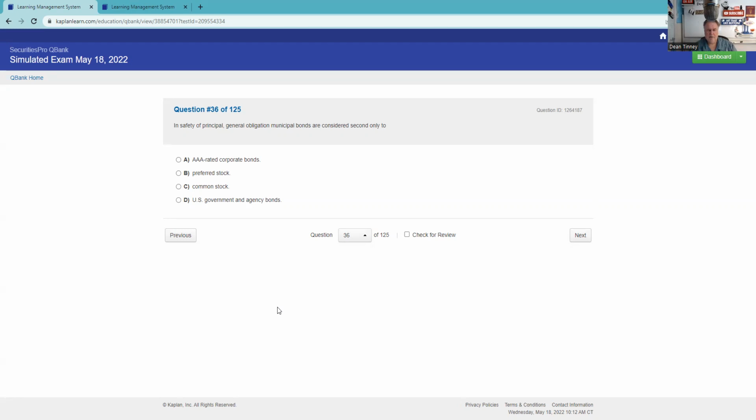They can confiscate money. So both municipalities and the U.S. government can confiscate money. So they're considered second only in terms of credit quality in general, all things being equal, which they never are except on the test, to U.S. government and agency bonds. By the way, you could have perhaps gone with the Sesame Street on this one: one of these things is not like the other.